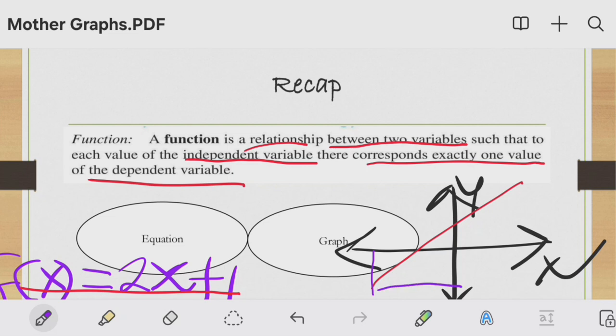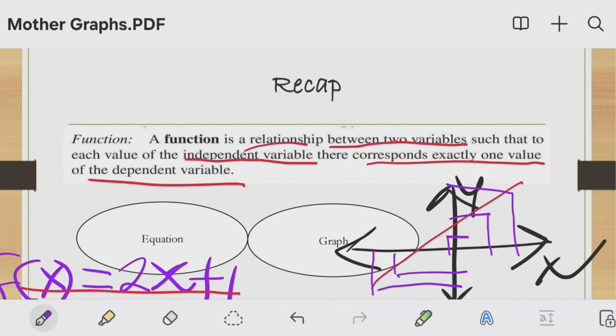So each input value corresponds to exactly one output value. There is my input, there is my output. What we see from this function is that each input value corresponds to exactly one output value.